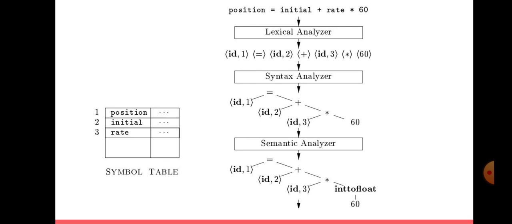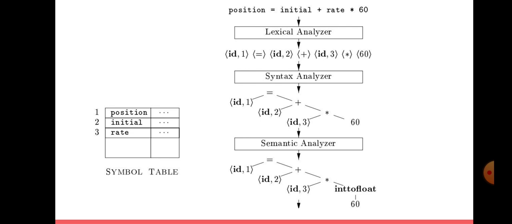The symbol table entry for an identifier holds information about the identifier, such as its name and type. Also, the assignment symbol equal to, after position, is a lexeme that is mapped into the token equal.